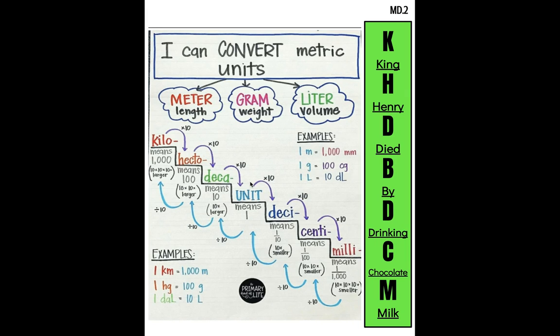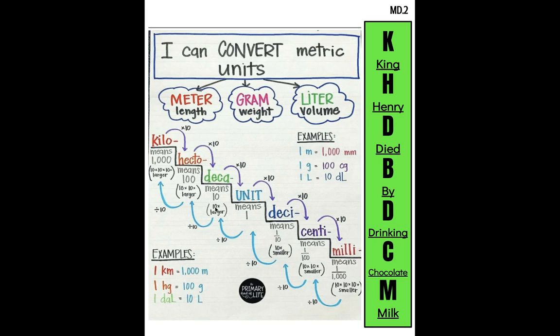So let's say that I want to look at my base unit of meter, and I have 1 meter, and I want to know how many decameters are in 1 meter.